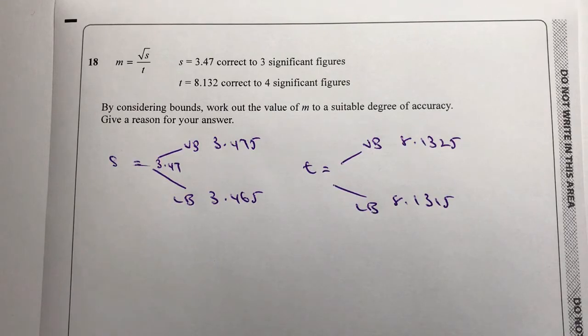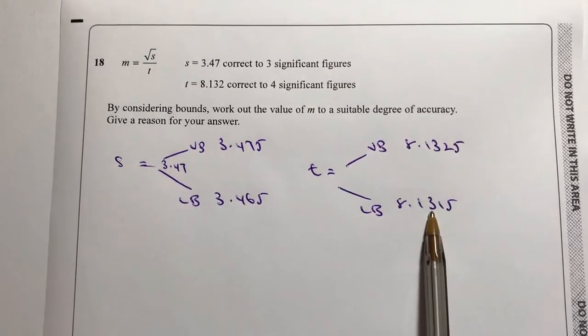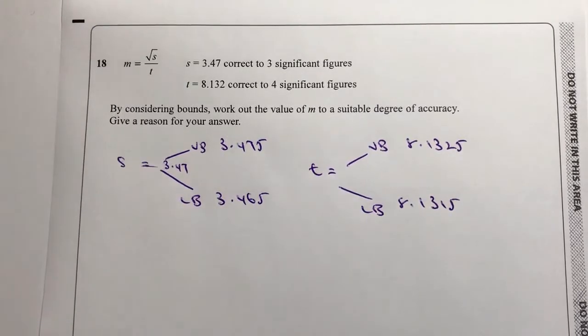I think with these sorts of questions, they are a little bit trickier until you just play around with it a little bit. So what they're saying is that by considering bounds, we've got to do this exercise for the value of m.